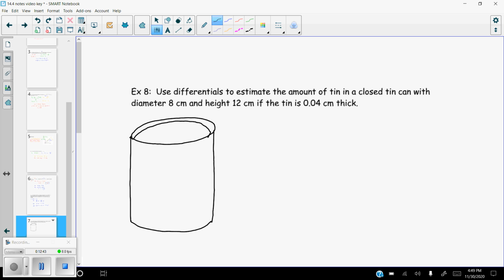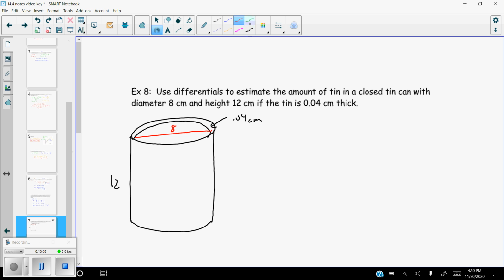So basically, even though it's really thin, there is a thickness to it. The top piece up here is 0.04 centimeters thick. We know that the height of the can is 12, and the diameter of the can is 8.